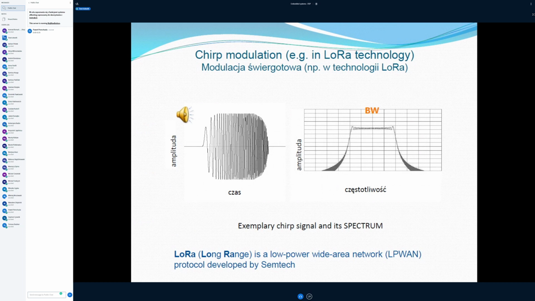So if you watch the averaged spectrum of this chirp, you can see that the frequency spans from the lowest frequency to the highest frequency, and it might be, no matter how big, a band occupied.